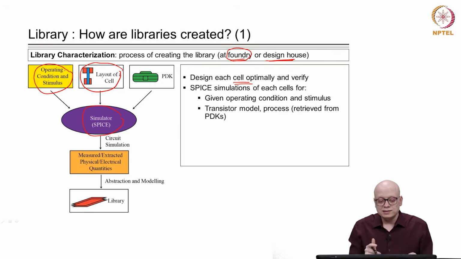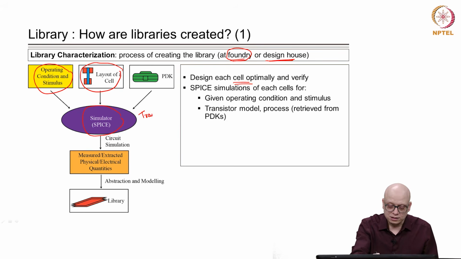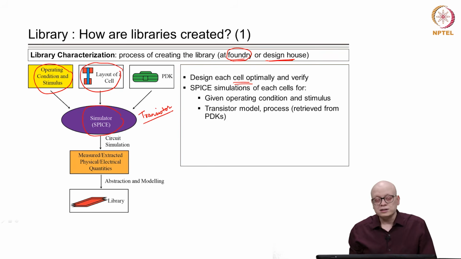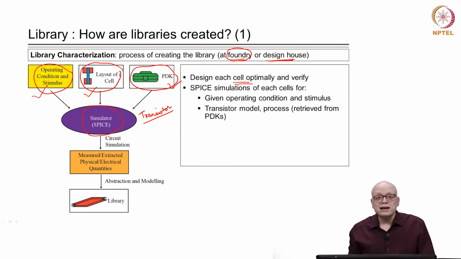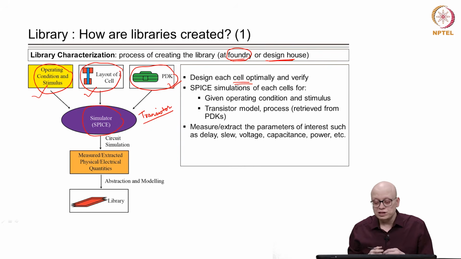Now, this spice simulation is done at the transistor level, and during this simulation, it needs information about the transistor, the process, and so on. That information is contained in the PDK or process design kit, that we had seen earlier in the lectures. So, using the PDK, the layout of the cell that we have designed and the given stimulus, spice simulation will be done, and based on the spice simulation, we measure and extract the parameters of interest.